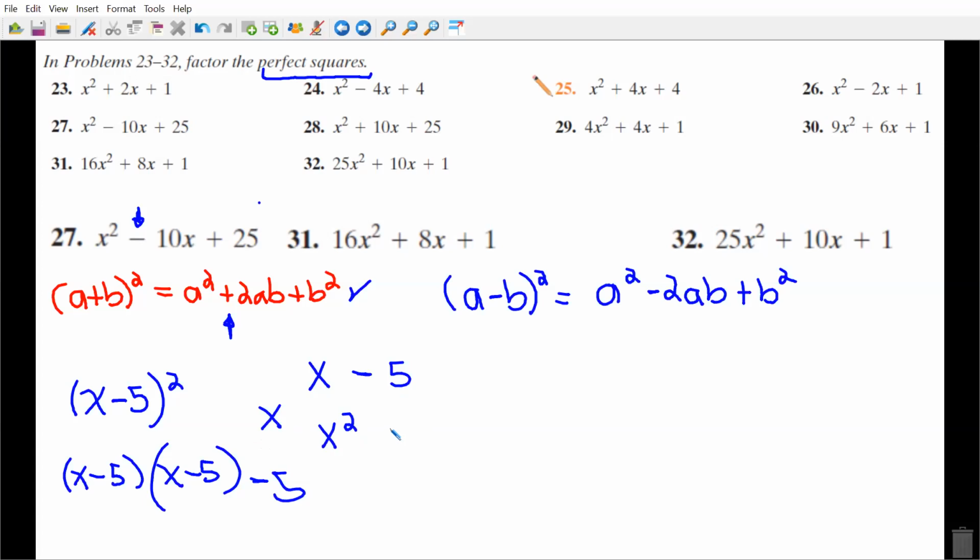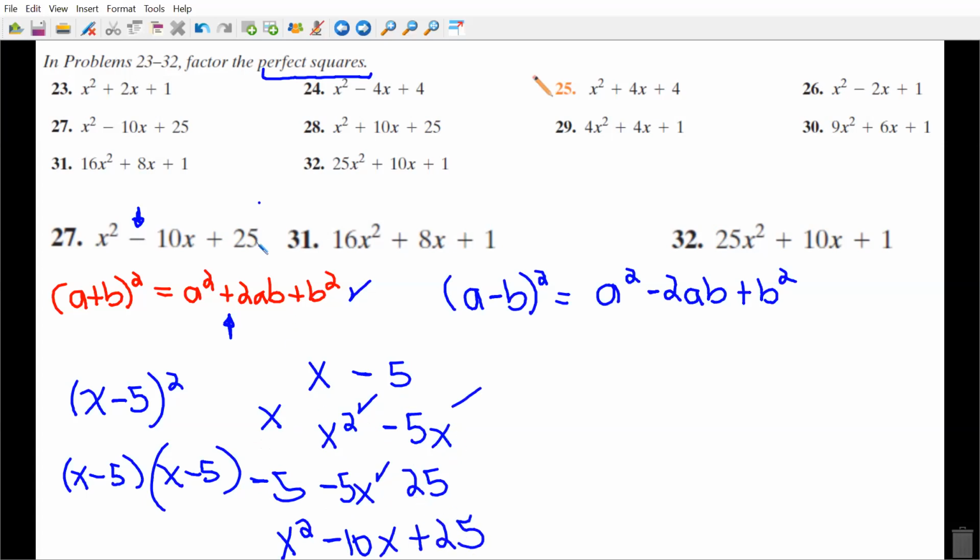X times negative 5, negative 5x. Negative 5 times x, negative 5x. Negative 5 times negative 5, positive 25. Let's put all of this together. X squared, negative 5x and negative 5x make negative 10x, and positive 25. It's the same as the question they gave me, so I have it correct. Yes?